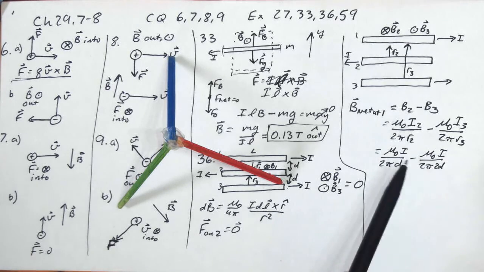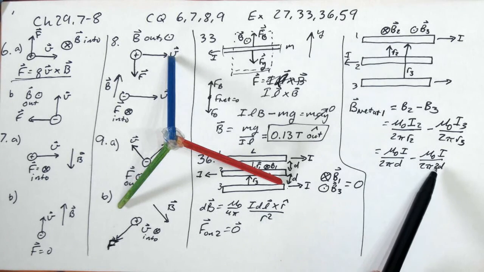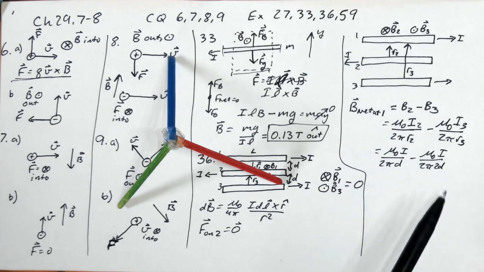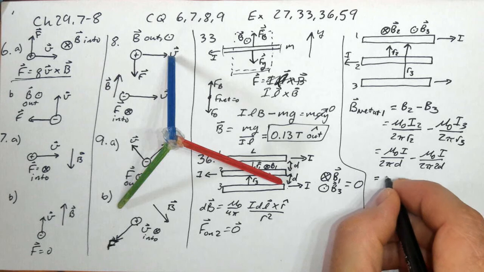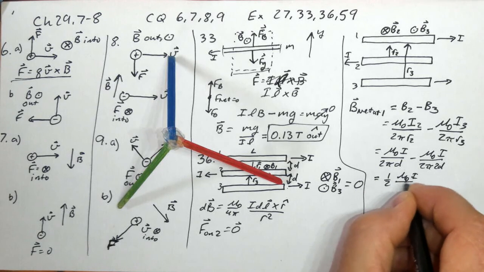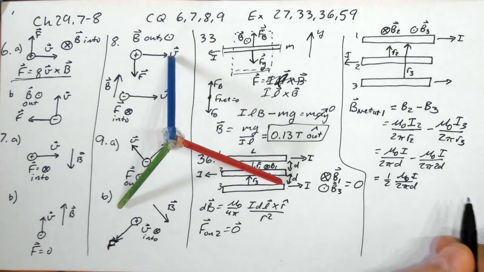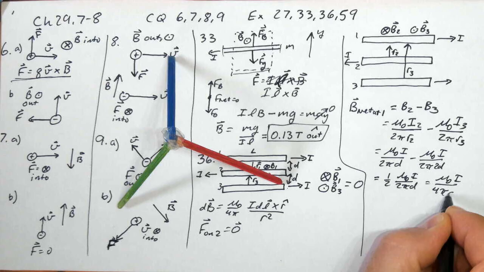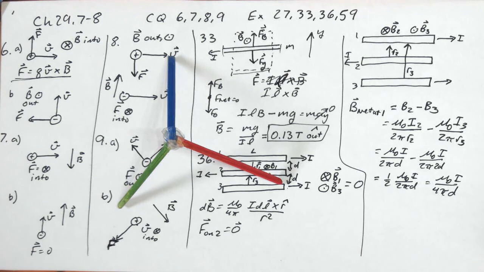If I pull that 2 out as a half, I get 1 minus a half of the same quotient. So I get 1/2 mu naught I over 2 pi D, or just mu naught I over 4 pi D. Okay. So that's how big the field is.